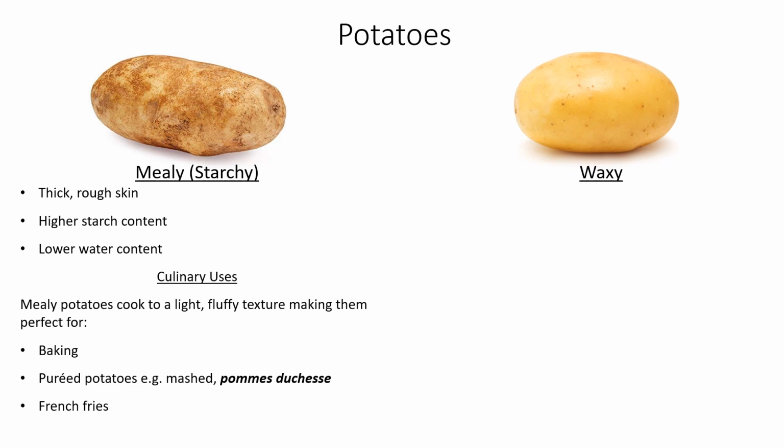As well, French fries. I mean, why you wouldn't use a mealy potato for French fries, I don't know. Think about a really good French fry. Nice and crisp on the outside, but the inside it should be nice and fluffy and light. And you get that from the higher starch potato, the mealy potato.